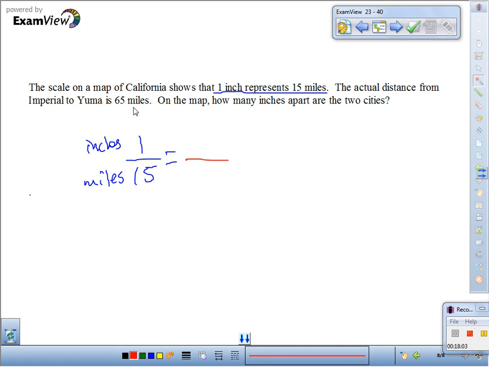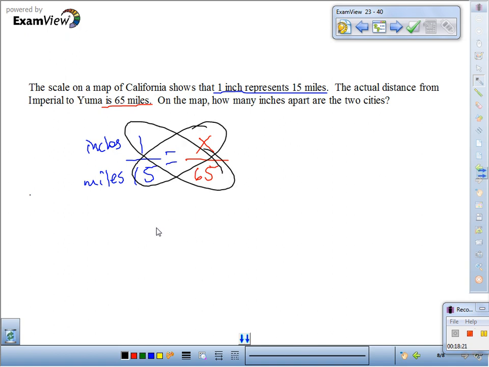Equal to, what else do they give us? The distance from Imperial to Yuma is 65 miles. Where shall I put that one? Denominator, that's 65, and this is x. And we know what to do from there, yes? Cross multiply. 15x equals 65. Divide by 15.